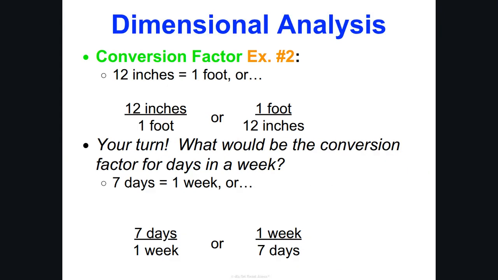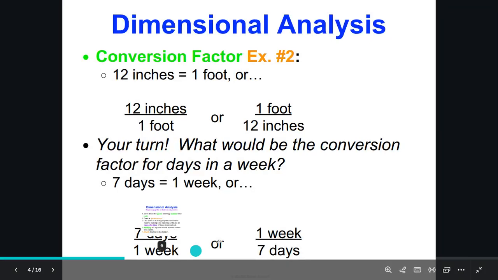Okay, so if we were to look at the conversion factor for inches to feet, there are 12 inches in 1 foot, or we could say 1 foot is equal to 12 inches, and this is how we would write that. Okay, so let's say that we were looking at the days in a week. All right, so there are 7 days in 1 week, or we could say 1 week is the same as 7 days.